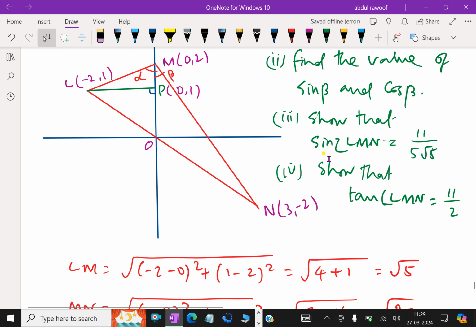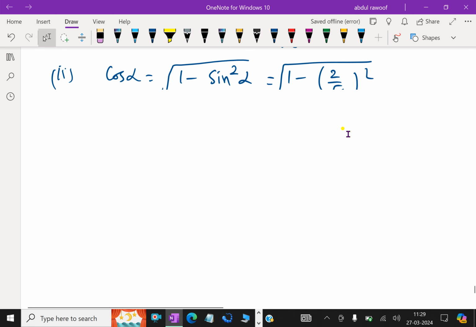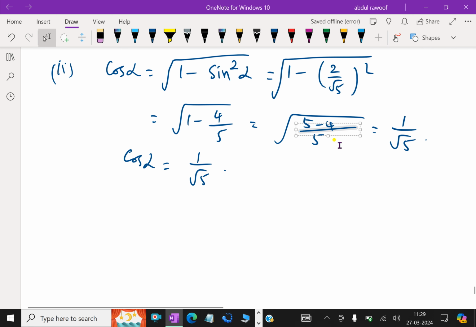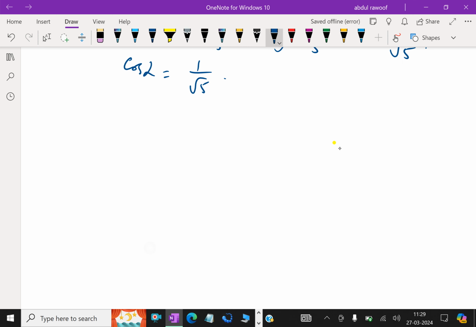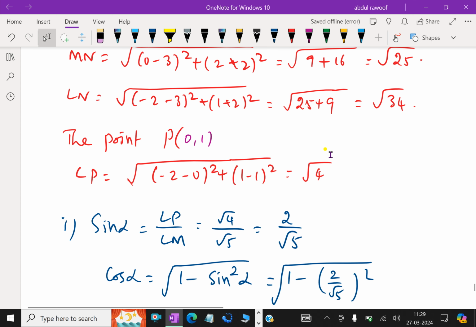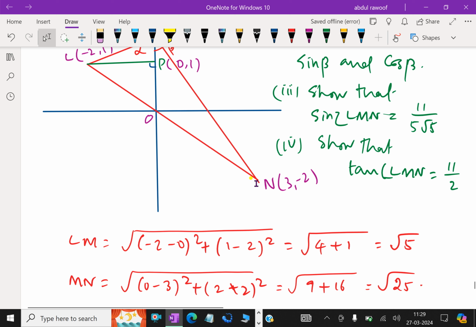Next question. Show that sine of angle LMN is 11 over 5 root 5. For this, we need to join from point N to the y-axis perpendicularly.